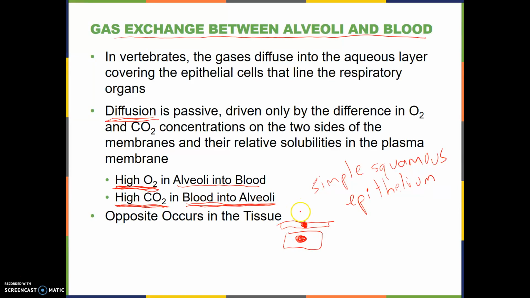So CO2 has built up in your tissue cells, and oxygen has been carried in from your blood to your cells. The oxygen is going to diffuse into your tissue cells, and the CO2 is going to diffuse into your blood. So oxygen from the blood diffuses into the tissue cells, and CO2 from the tissue cells diffuses into the blood, where it eventually arrives in the lungs and you breathe it out.